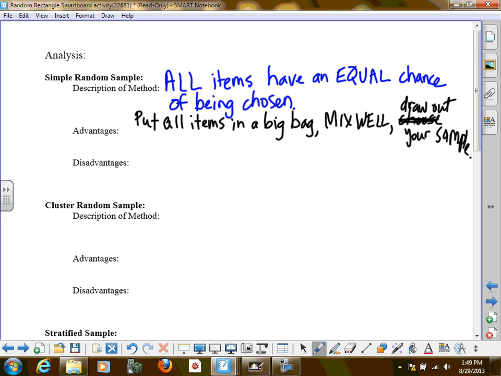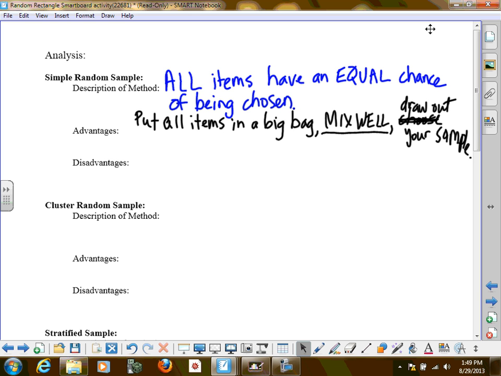Okay. So what employs the randomness component in this description? You can't see, but it's actually mixing well. You didn't put your tickets to the lottery on the bottom so that when you stick your hand in there, you're going to reach down and grab the ones on the bottom, right?